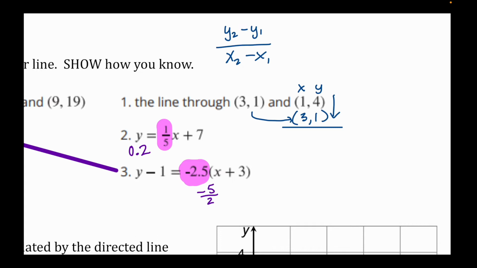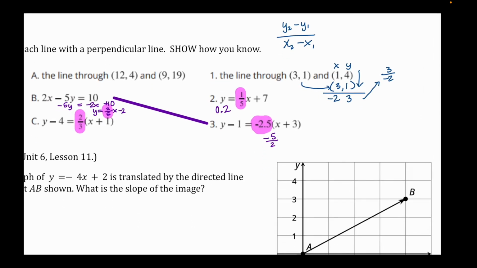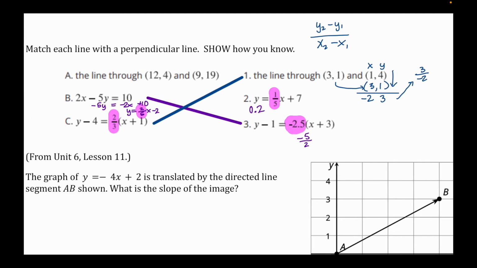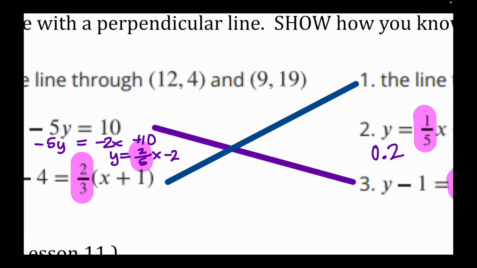So here for 4 minus 1, that's going to give me 3. And if I do 1 minus 3, that would be negative 2. So y over x is 3 over negative 2. That one is going to be the opposite of the 2/3, which is C. So 1 is going to match with C, which means that 2 should match with A, but let's double check this slope over here.